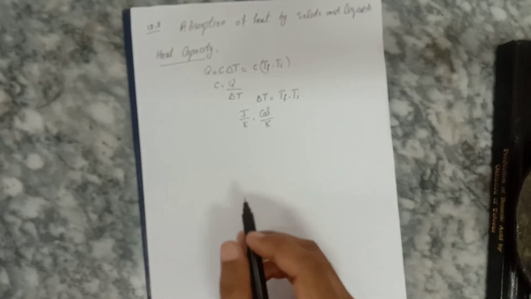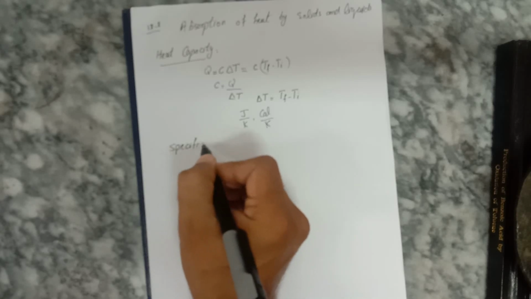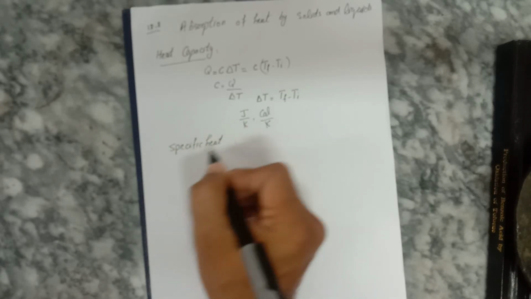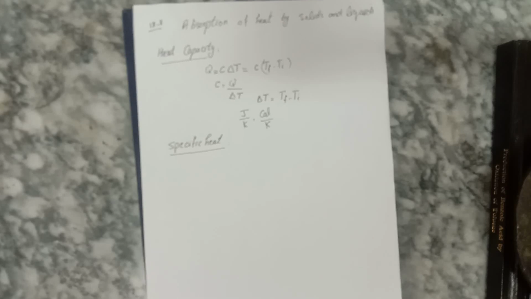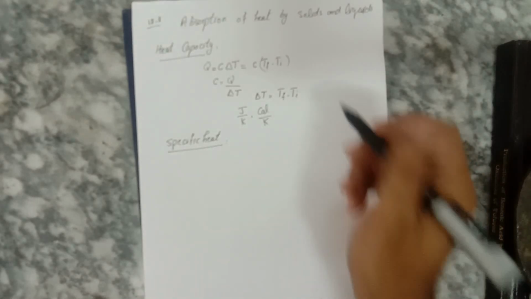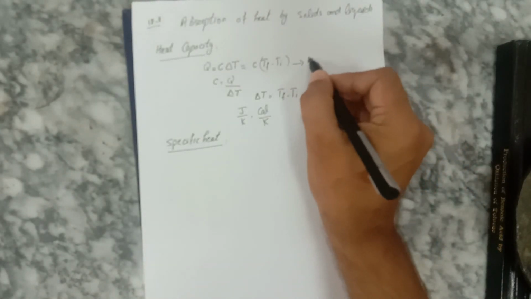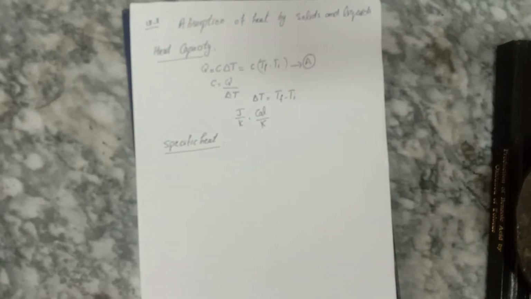Next, the term is specific heat. Specific heat includes the mass, and we slightly change the relationship that we discussed in equation A. Suppose there are two pieces of marble with different masses, so they might have different heat capacities.